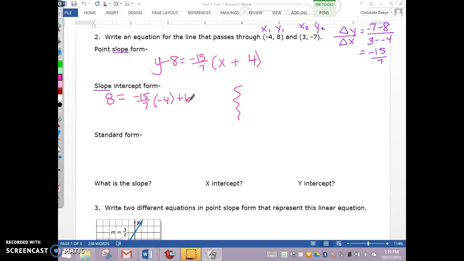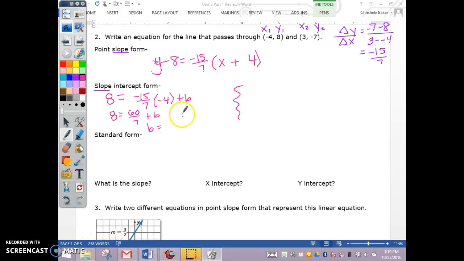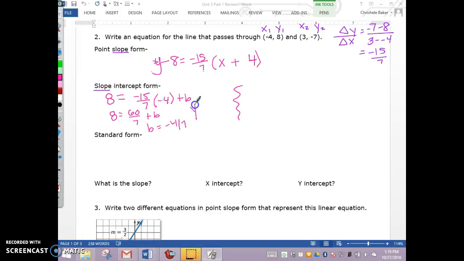Negative 15 over 7 times negative 4 is going to be 60 over 7. 8 equals 60 over 7 plus b. And then subtracting 60 over 7 from both sides gives me negative 4 sevenths. And then I can write that y equals mx plus b.